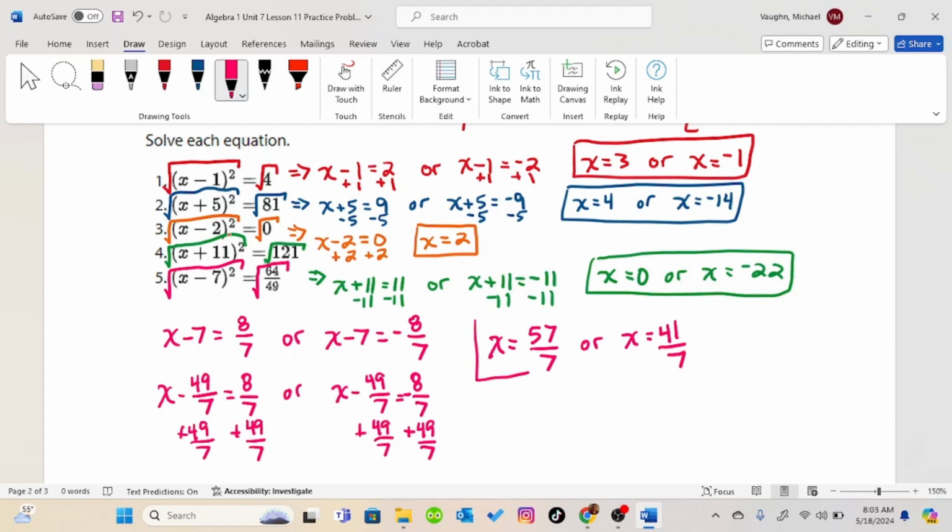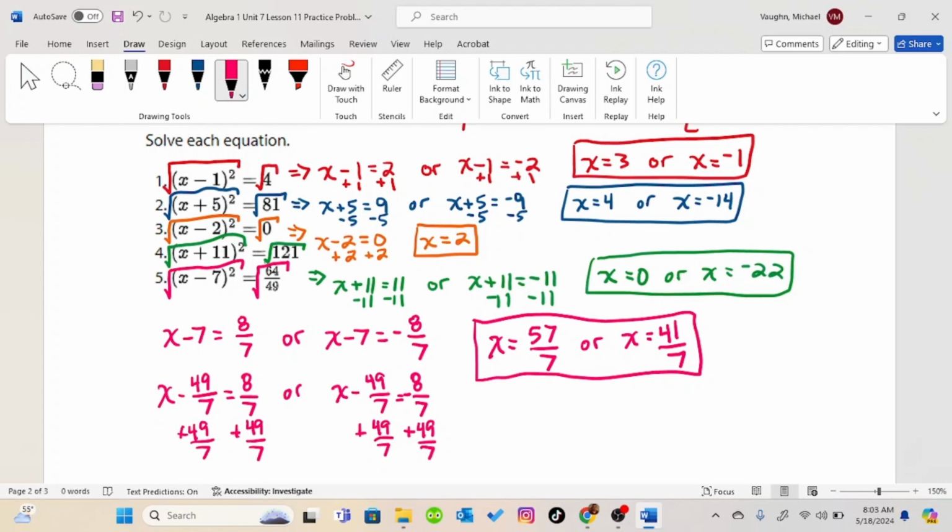So again, we took the square root of 64 over 49, and we got both positive 8 over 7 and negative 8 over 7. So that means we're going to have two answers, so we have two x-intercepts.